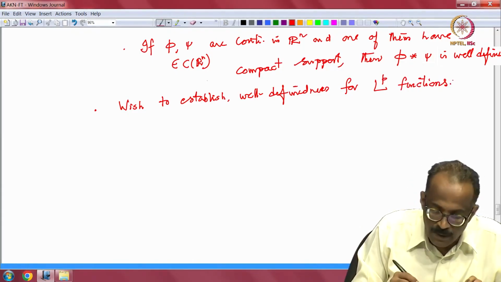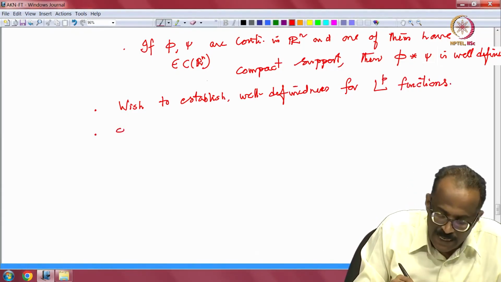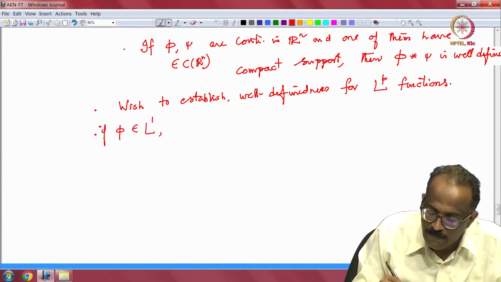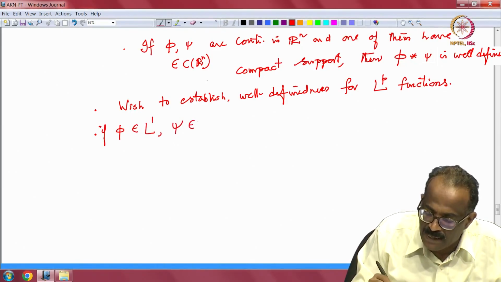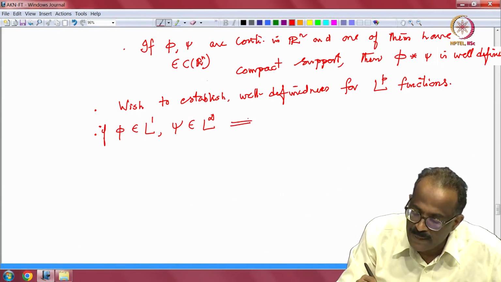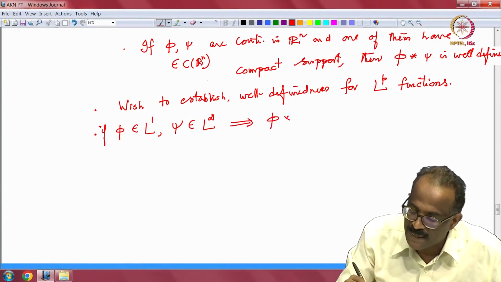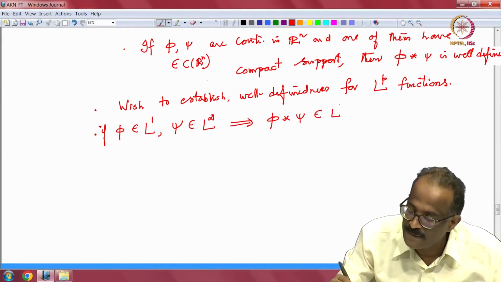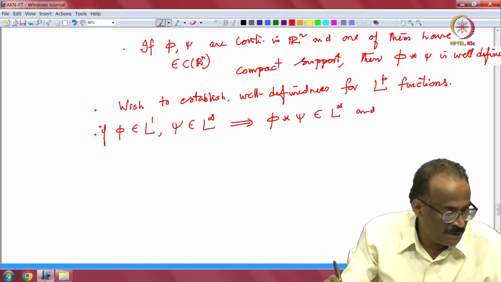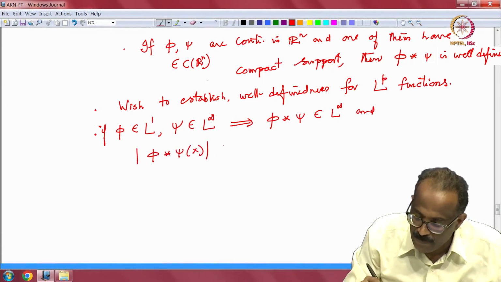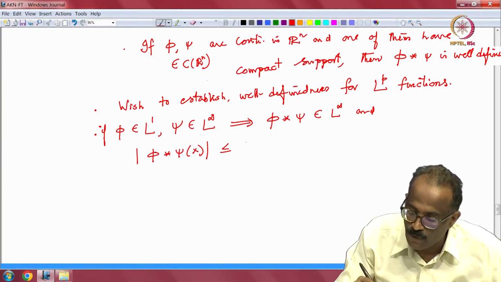Okay. So, one trivial thing: if phi is in L1 and psi is in L infinity, or vice versa, that implies phi star psi is well defined and it is in L infinity, and you look at it, the absolute value of phi star psi of x is immediately less than or equal to a constant.